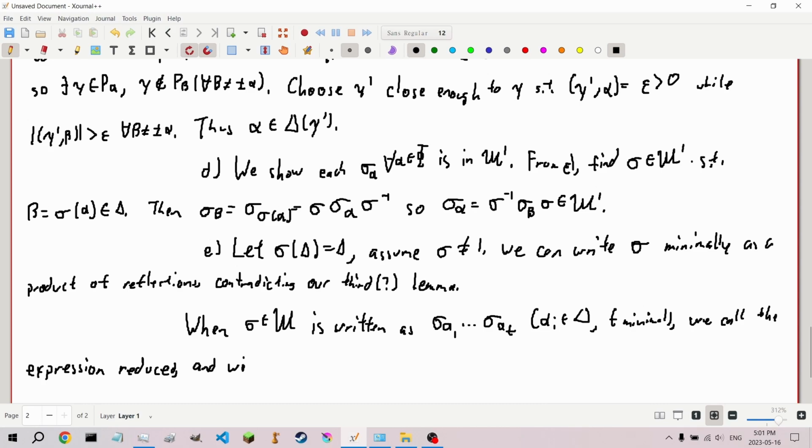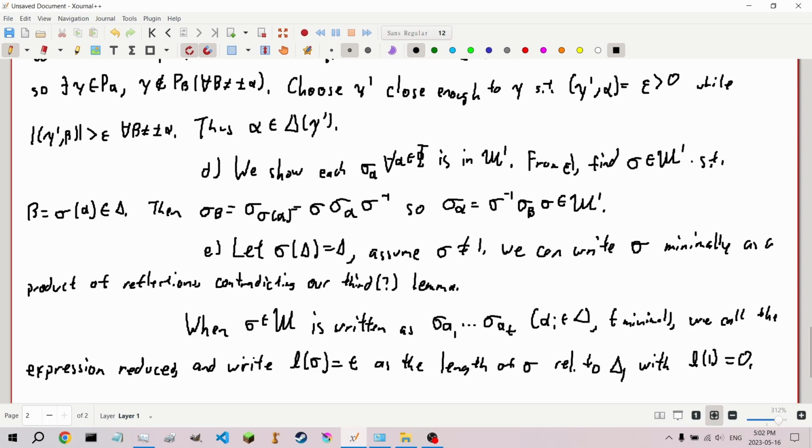And we write that the length of sigma is just the number of elements in this expression. This is the length of sigma relative to our base in question, with our identity symmetry just being reduced to the empty set, and the empty product.